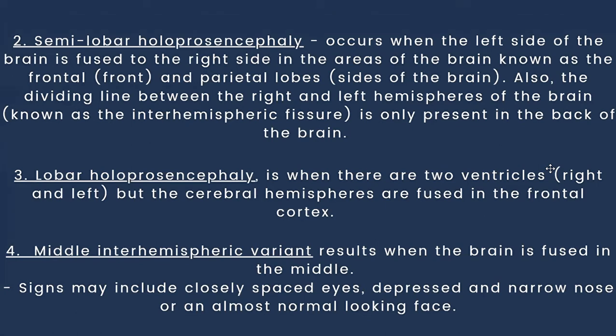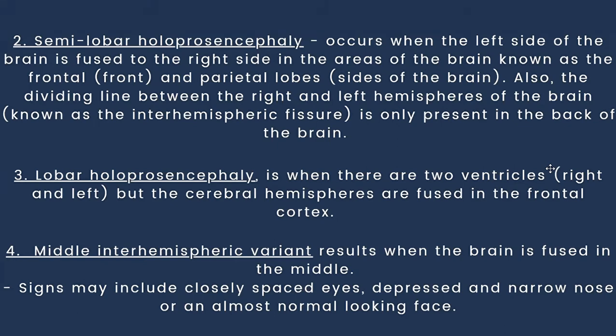Another is the semilobar holoprosencephaly, where the left side of the brain is fused to the right side in the area of the frontal and parietal lobes. The dividing line between the right and left hemispheres is only present in the back of the brain. And then another is the lobar holoprosencephaly, when there are two ventricles, the right and the left, but the cerebral hemispheres are fused in the frontal cortex.